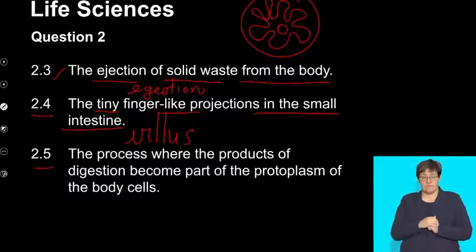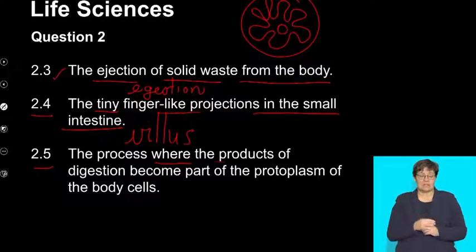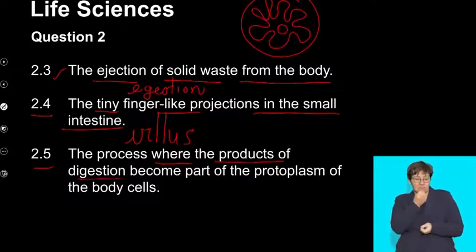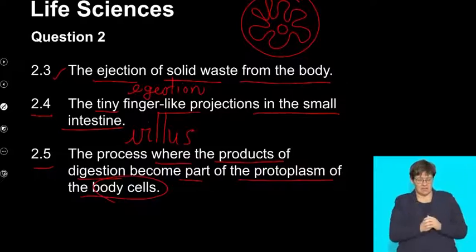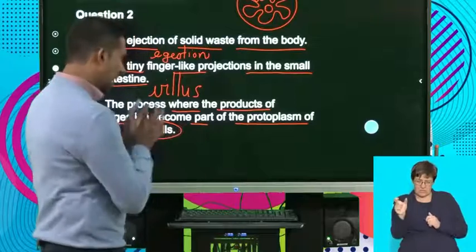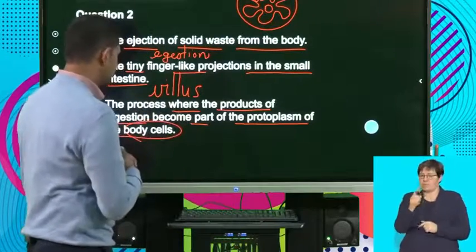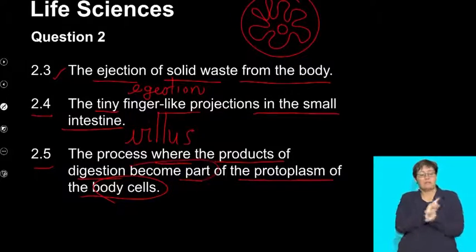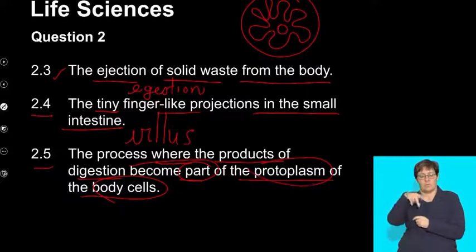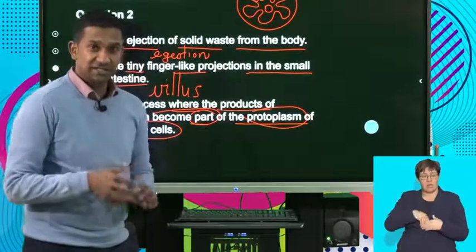2.5. The process where the products of digestion become part of the protoplasm of the body cells. Let's try and unpack that. Some confusing words, but essentially let's unpack what the statement draws to. So where the products of digestion become part of the protoplasm, another word for protoplasm is the internal contents of the cell.